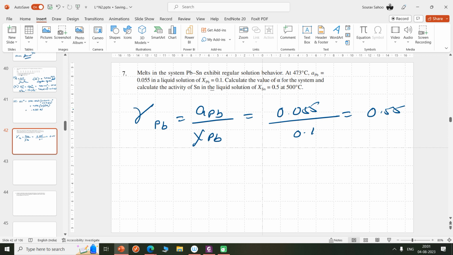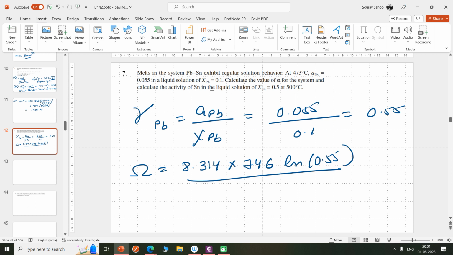The omega value now will be the value of R T and ln 0.55 divided by 0.2, which is minus 4.578 kilojoules.